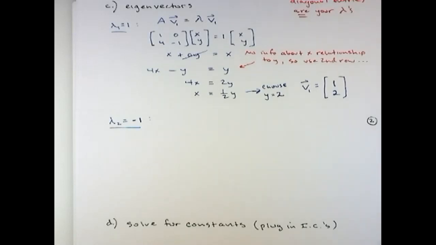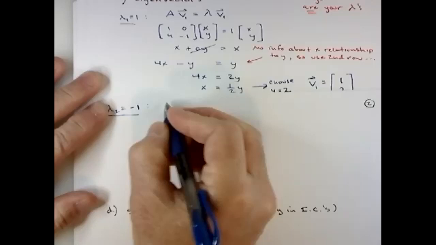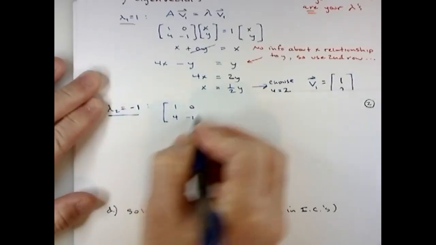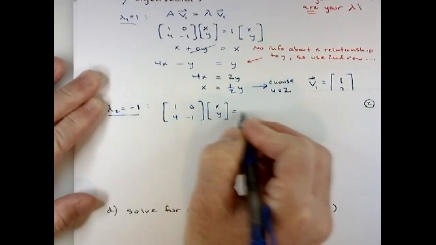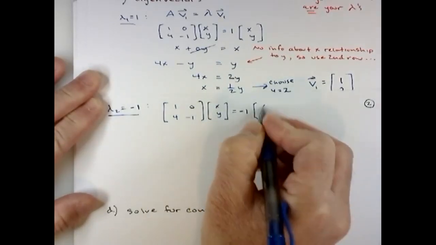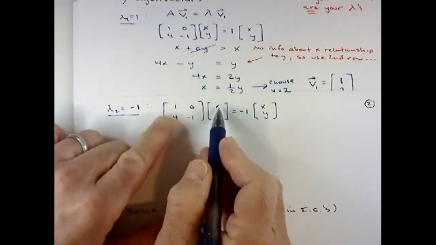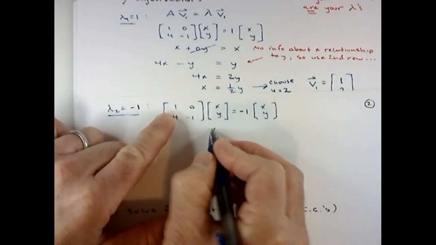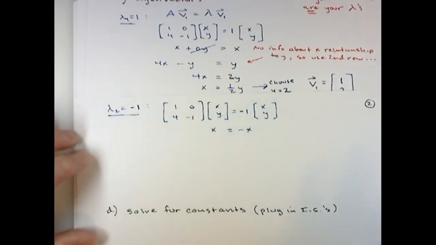Okay, since you have -1 instead of 1. Let's see. So I'll just go straight to the matrix, 1, 0, 4, -1 equals -1 now times xy. So now when I multiply it out, what I get is 1x plus 0y equals -x.